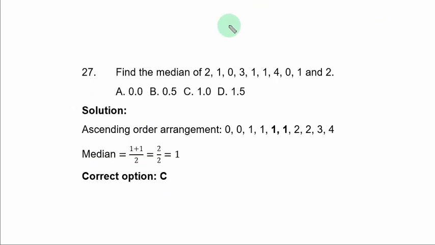Question 27. Find the median of 2, 1, 0, 3, 1, 1, 4, 0, 1, and 7. Median for ungrouped data is the middle number or numbers when the data are arranged either in ascending or descending order.